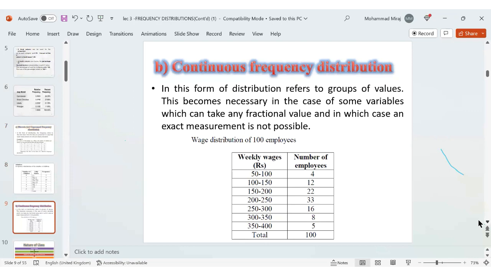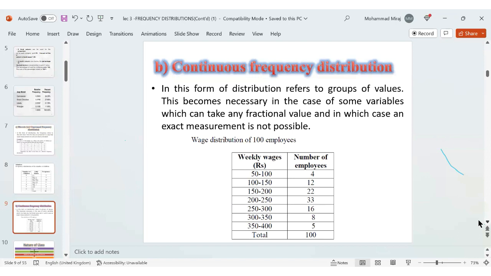Now, for example, suppose there are employees in a company, and the people are getting weekly wages of 50 to 100 rupees, 100 to 150 rupees, 150 to and so on, because somebody got 51 rupees, somebody got 93, somebody got 103. So we divide it into continuous groups in terms of range.